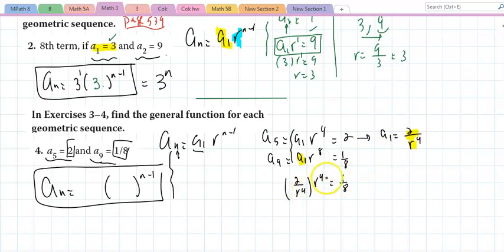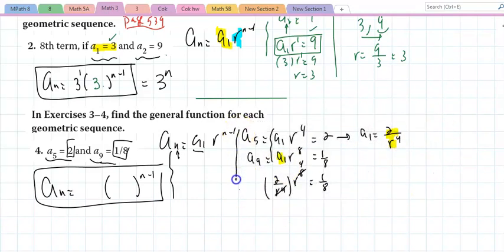This divides 4 of those, right? Cancels 4 of those. And if you divide by 2 both sides, this is saying that r to the fourth equal 1 over 16, and that would mean that r will equal plus or minus 1/2. Let's see how it works.